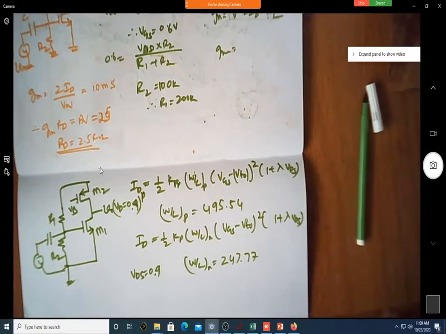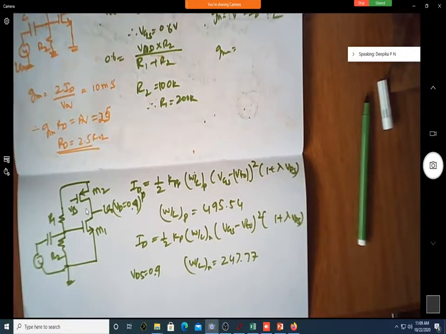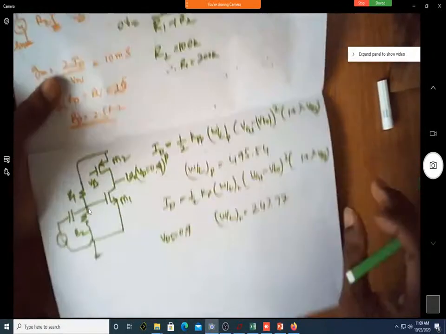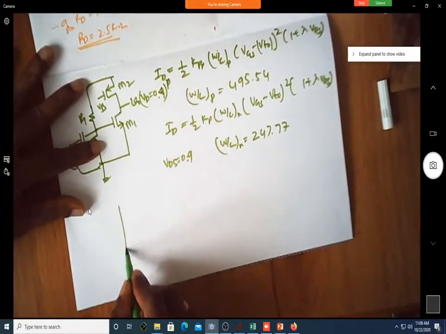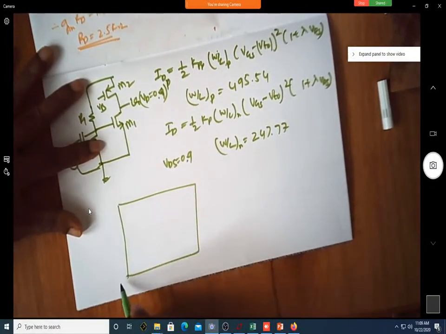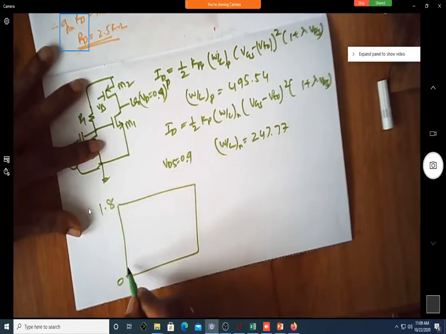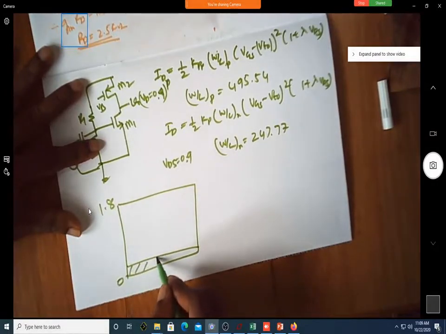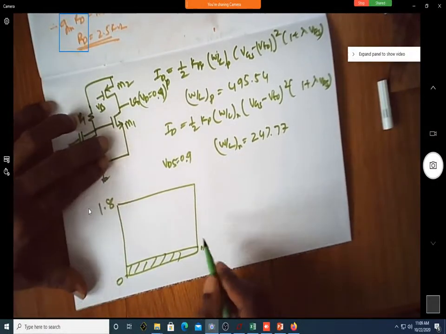Done? Yes, sir. Now, we know that for a better swing, where do you want the DC voltage at this point to be in your swing? Assume that now this is, let me write it as the available swing. This is 0 to 1.8. You want to keep some voltage to keep the NMOS transistor M1 in saturation.